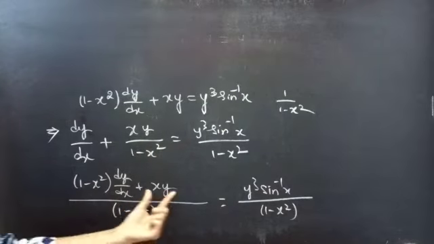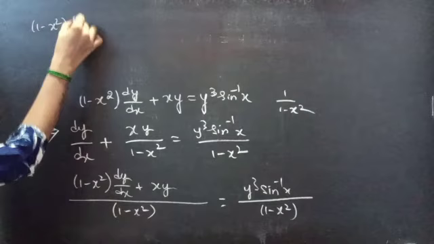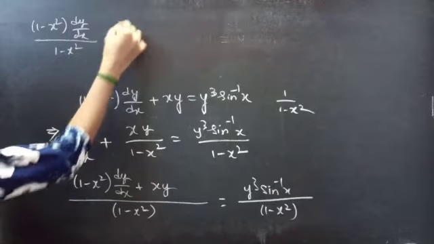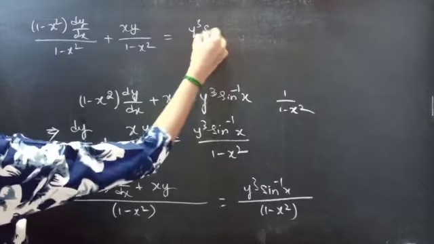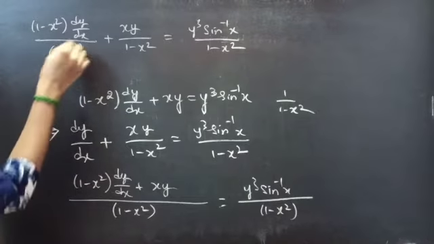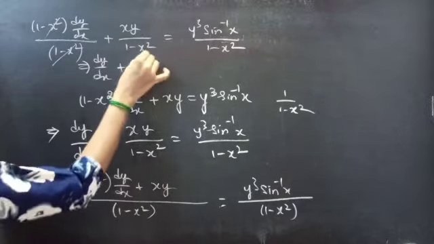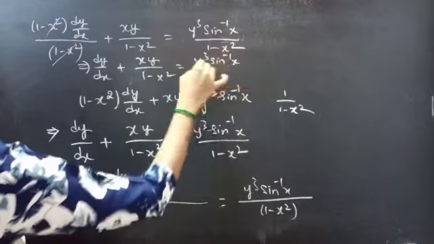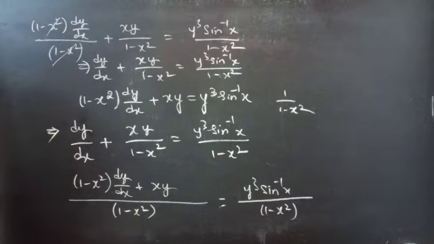Here you're having two terms in the numerator and one term in the denominator, so we'll split into two terms: (1 minus x square) into dy by dx by 1 minus x square plus xy by 1 minus x square equals to y cube sine inverse x by 1 minus x square. Here 1 minus x square gets cancelled from the first term, then we'll get dy by dx plus xy by 1 minus x square equals to y cube sine inverse x by 1 minus x square. Okay, we'll get the same equation.